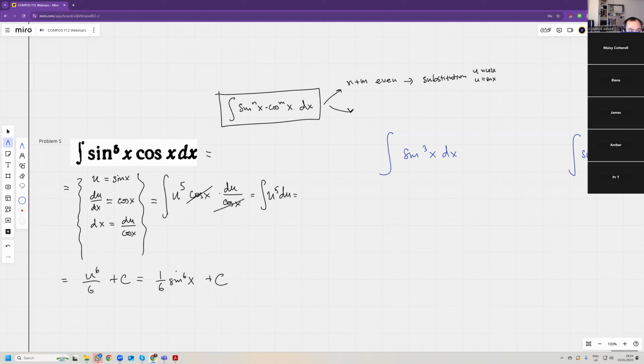Now, if n plus m is odd, then you have to use the power reduction formula, as I shall demonstrate.